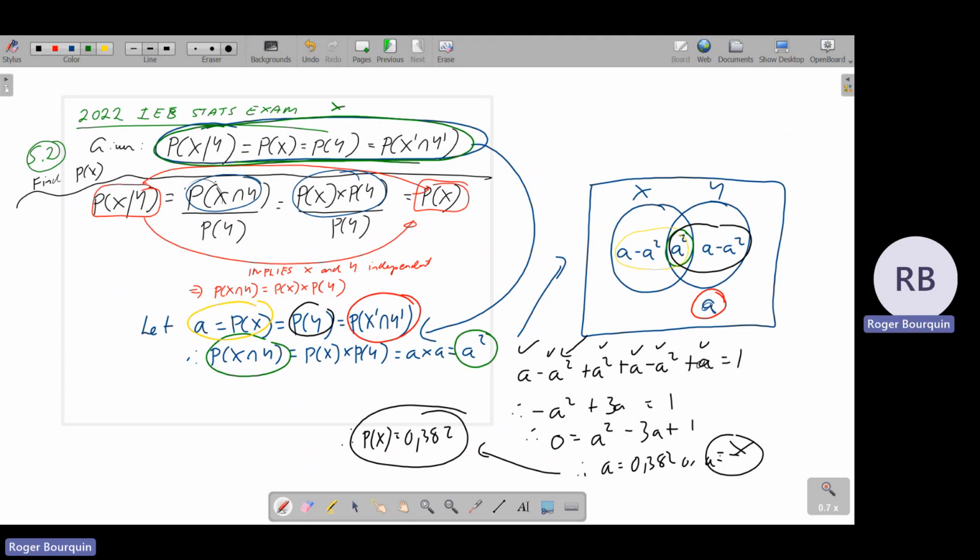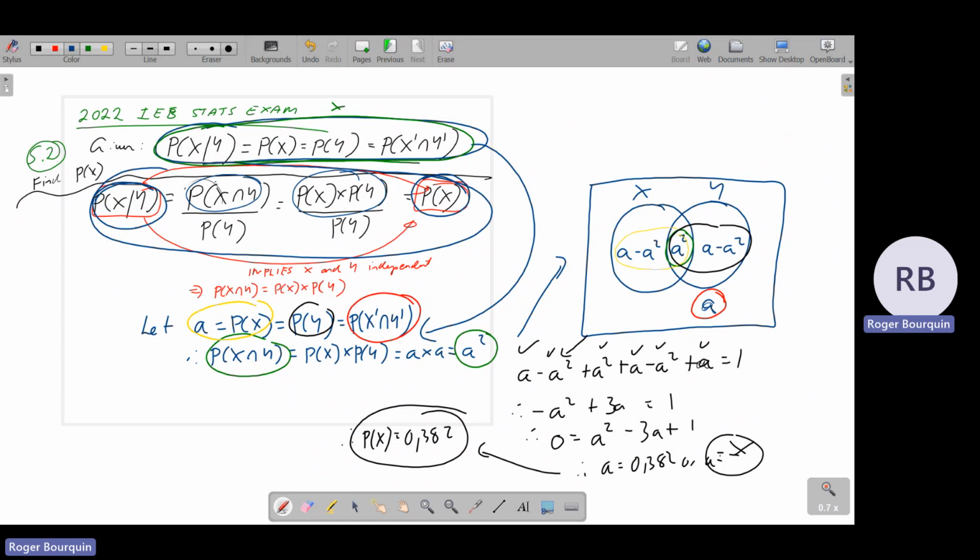So just a little reminder about independence, because that is going to help us with this sentence over here. The only way you can have the probability of X given Y equal to the probability of X is if they are independent events.